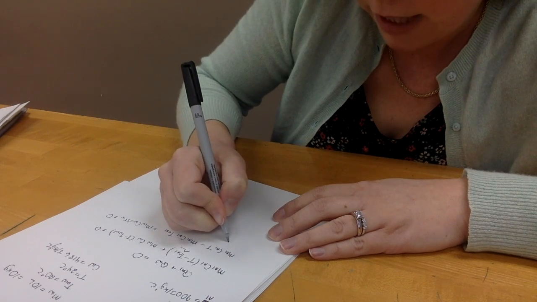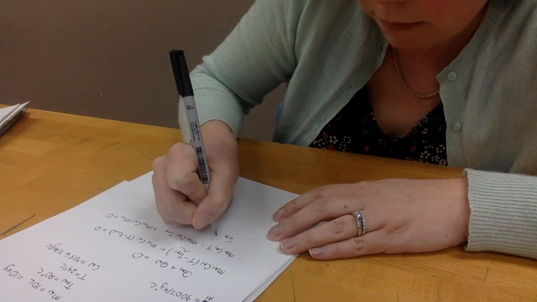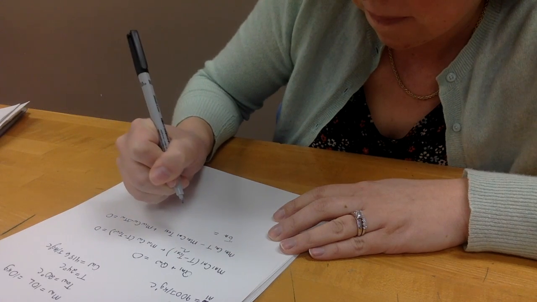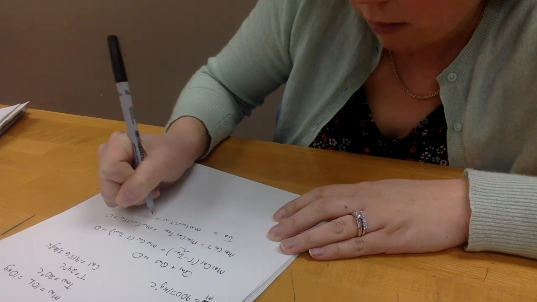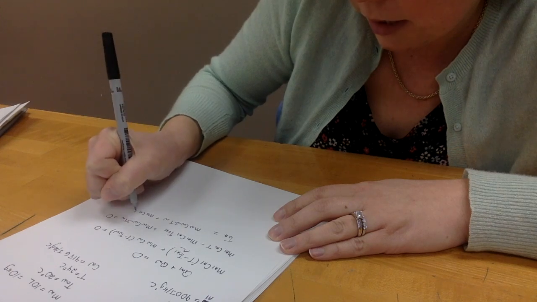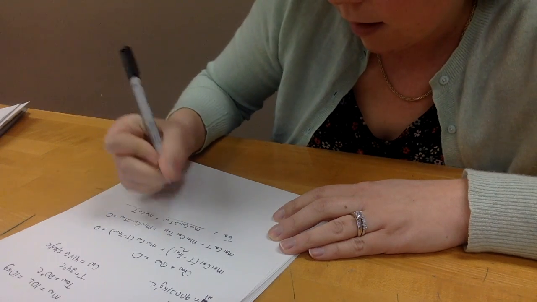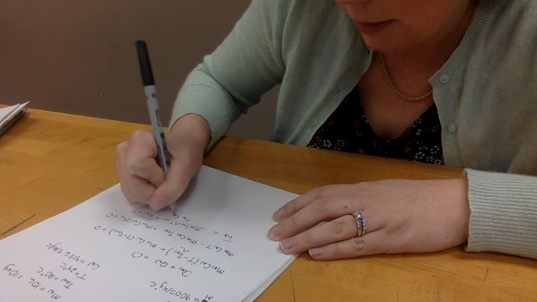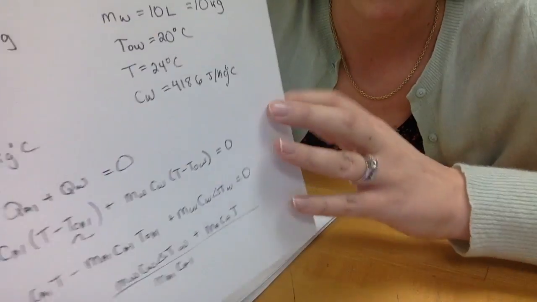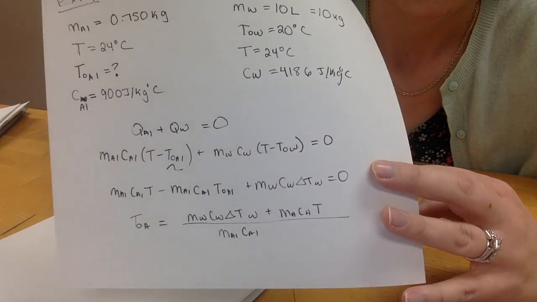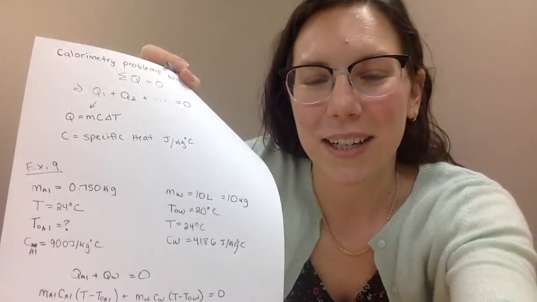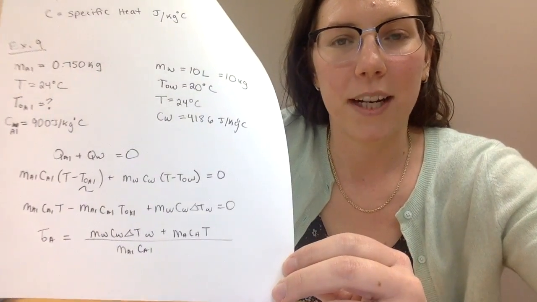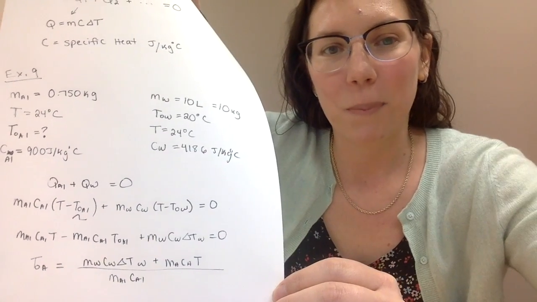And then when I rearrange, I get T naught for aluminum equals M water, C water, delta T water, plus the mass of aluminum, C aluminum, T, all over M aluminum, C aluminum. That is the final energy transfer equation, rearranged for the unknown. At this point, I'll just plug in the numbers and then we can solve.